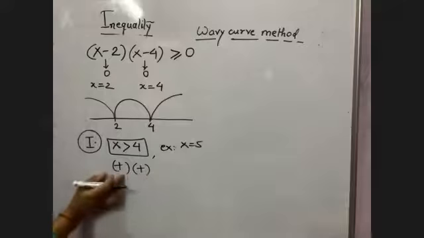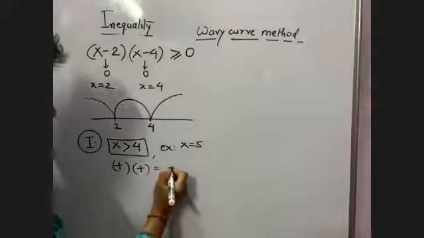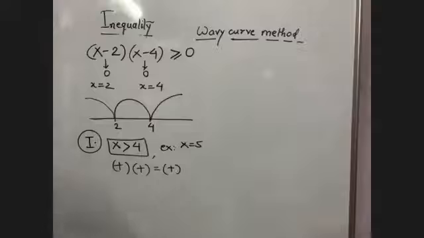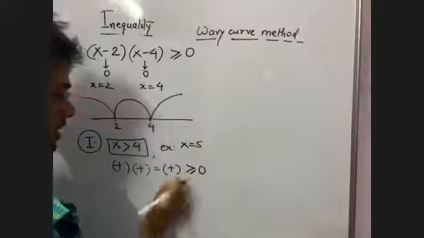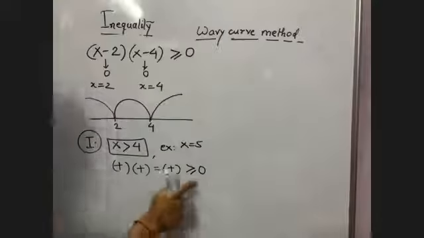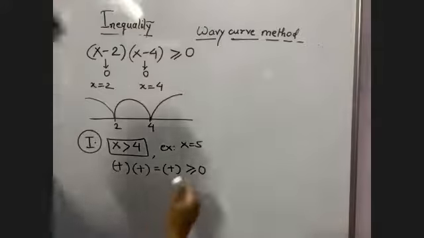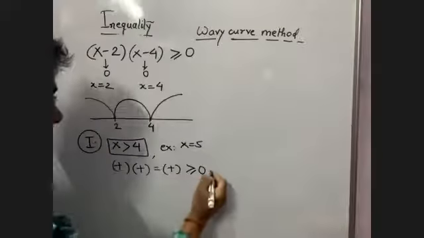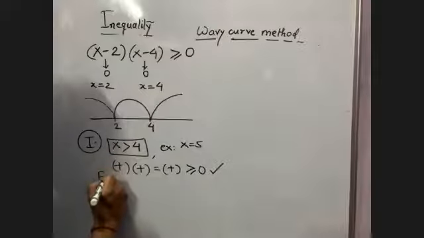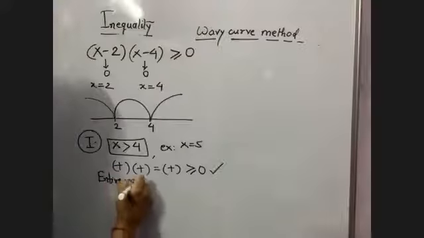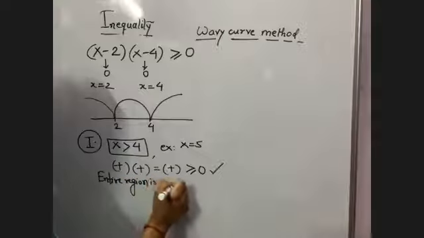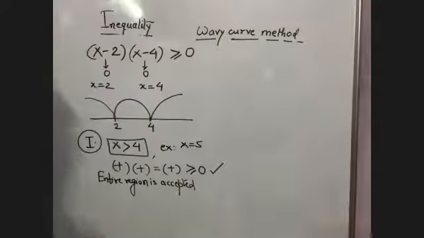If you multiply positive by positive, you will get a positive quantity, and positive is greater than or equal to 0. Is it correct or not? It is right. Yes, Akshita. So it is correct. It means the entire region is accepted and will be part of my answer.